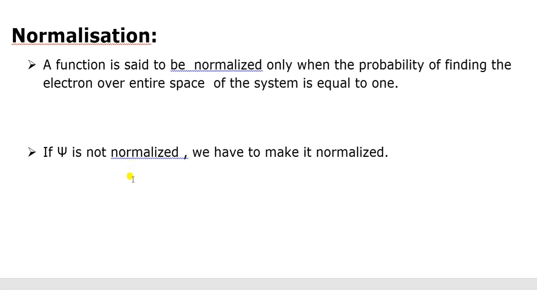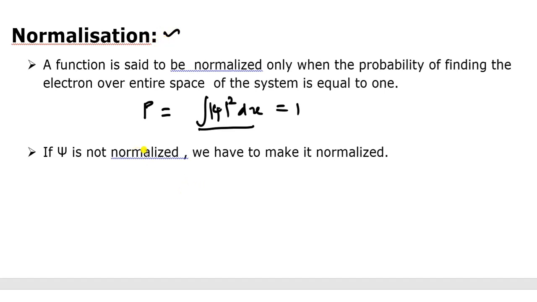So according to the normalization condition, the probability P is equal to the integral, within a particular range, of psi square dx is equal to 1 in the case of a 1D box. So this probability should be 1.